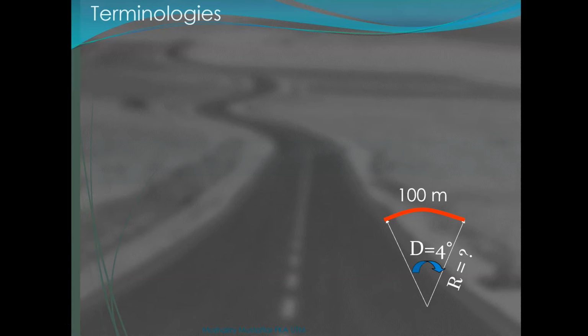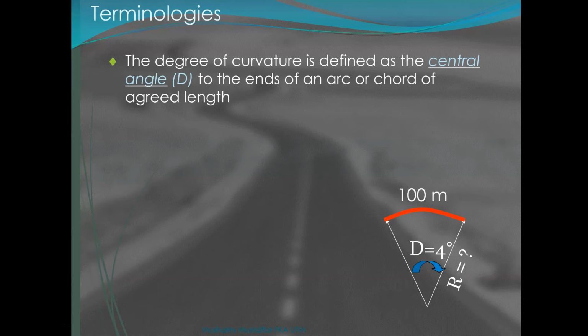So some terminologies before we move on. The first thing I'd like to mention is what they call the central angle, which is basically the angle at the center of the curve.